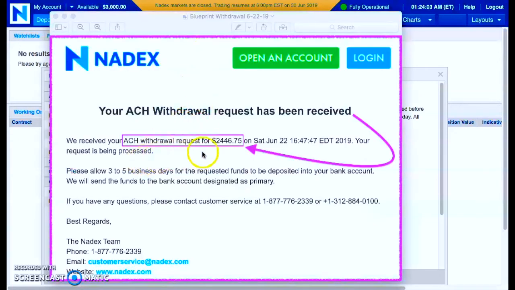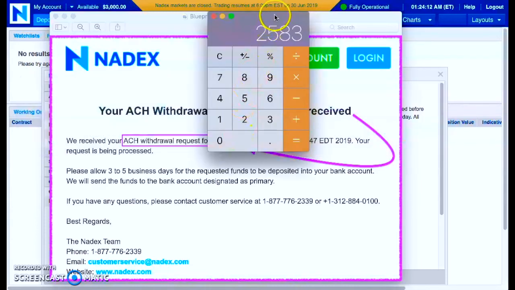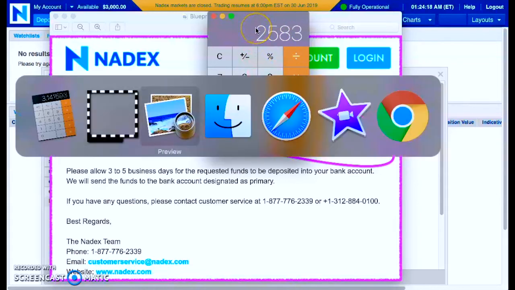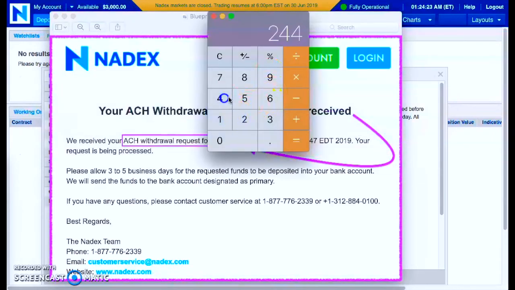This was last week's withdrawal: 2446.75. I'm just going to add that to what I earned this week, the 2583 plus 2446.75. You can see in 2 weeks, over 5K.